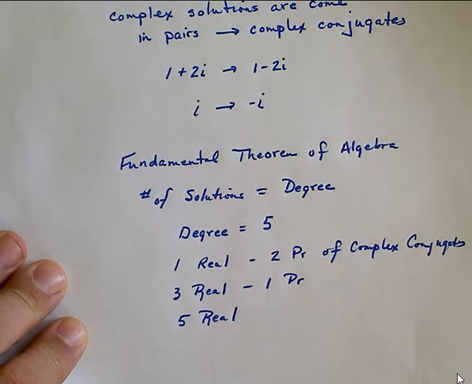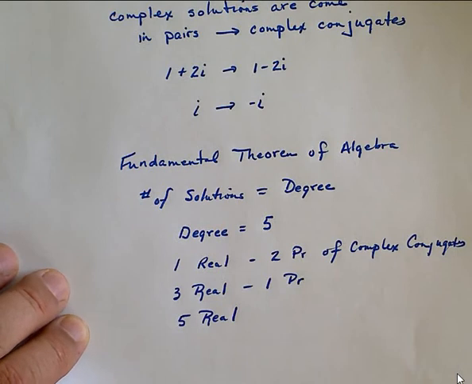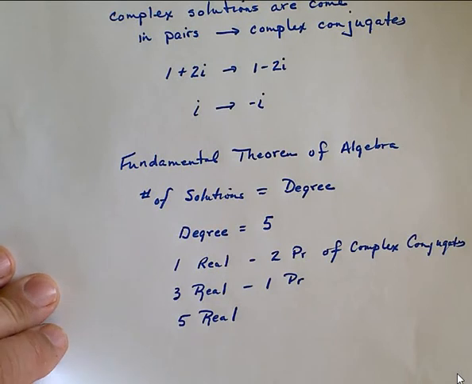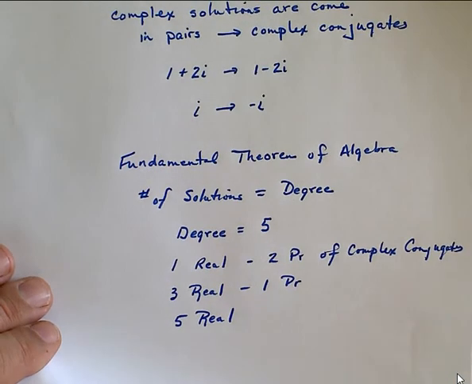Those are the different things that could happen, depending upon what numbers the function has in it. So if you're given a list of zeros and it says find the missing ones, all you're doing is adding in the values that are conjugates to the complex numbers that are given. That's where they're going to start off.